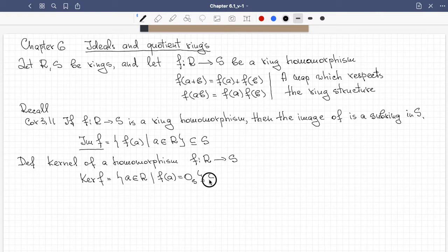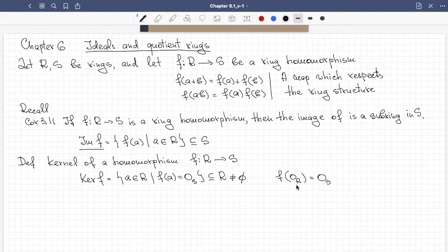By its very definition, the kernel is, of course, a subset in R. This is all elements in R which map to 0 in S. So definitely this is a non-empty subset, simply because we know that for every homomorphism f of 0 in R is 0 in S. Homomorphism respects the ring structure.